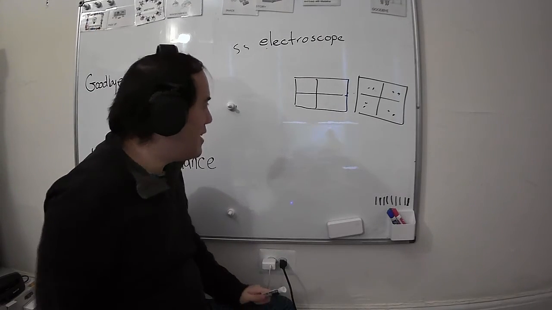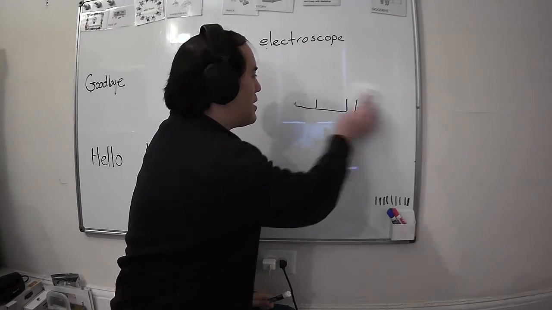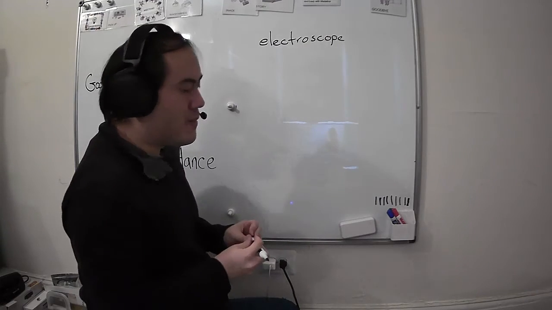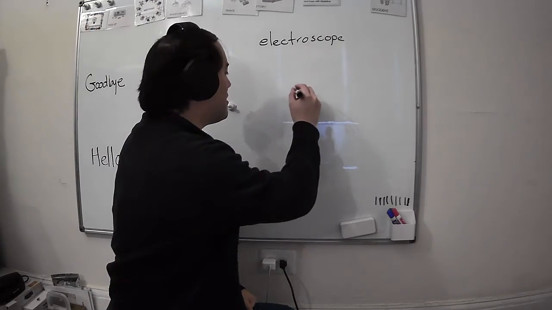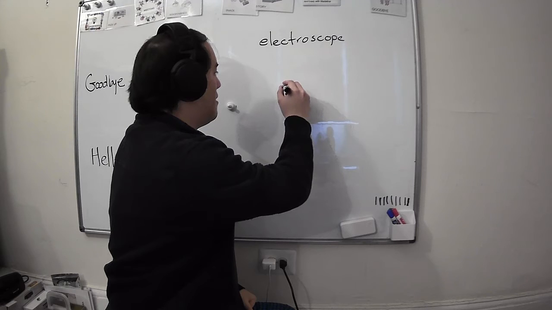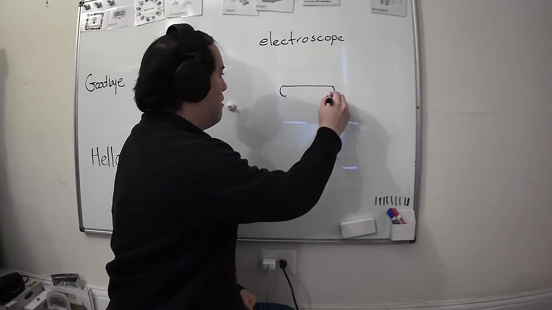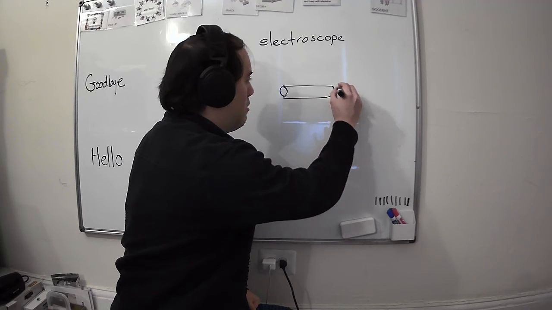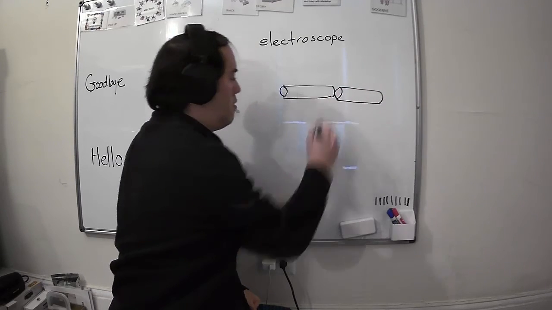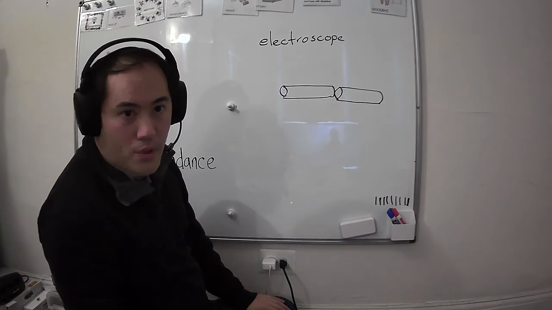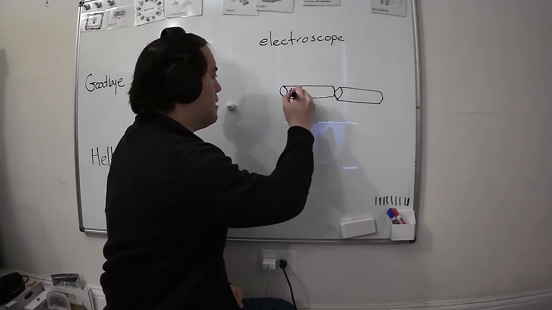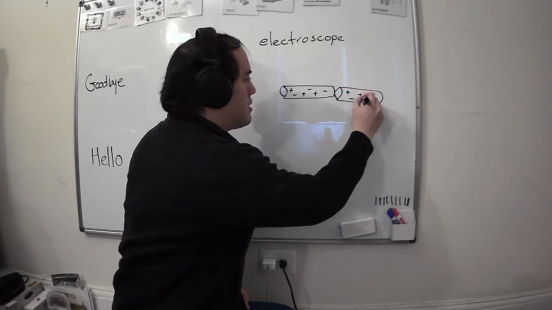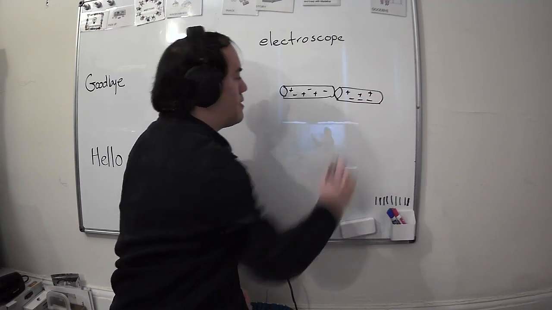A really weird analogy. Let me try to do it in terms of real physics. Here I have two pieces of metal. They're both neutral. So there's pluses and minuses. Plus, minus, plus, minus, plus, minus, plus, minus, plus, minus.